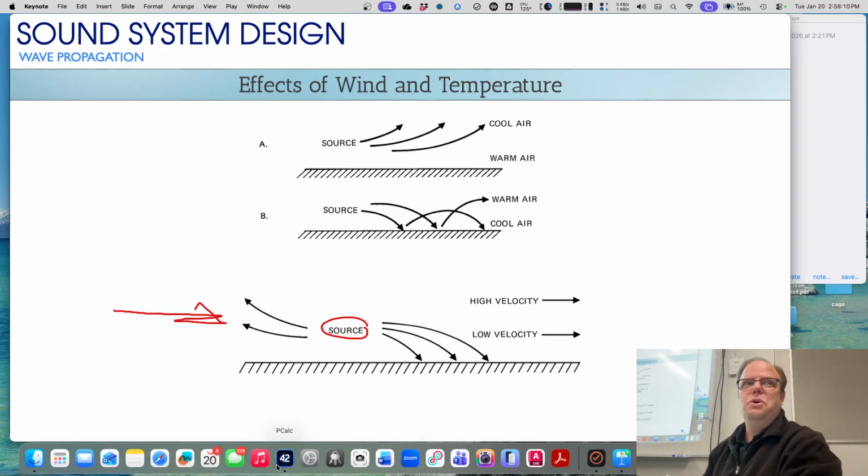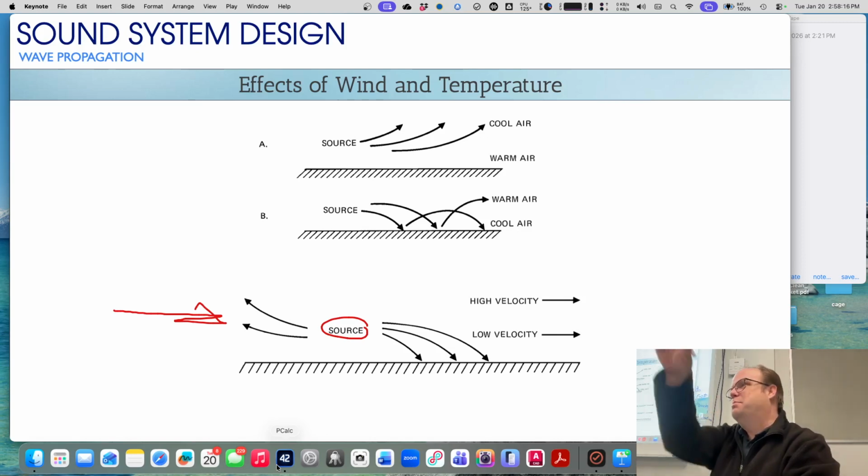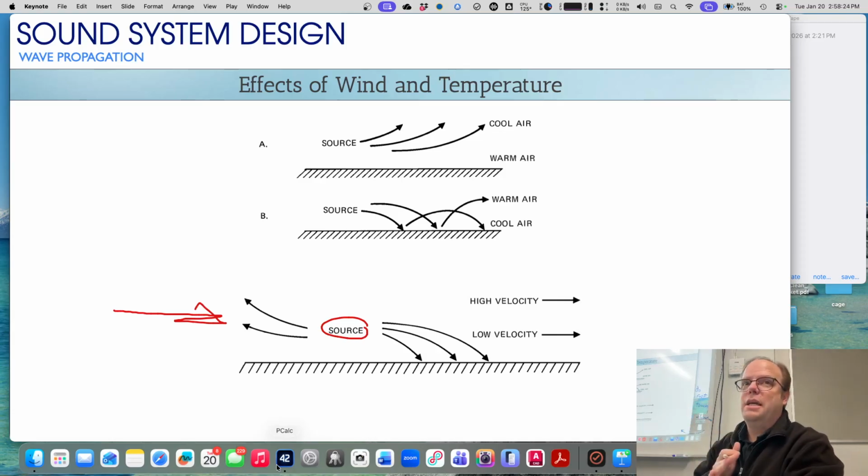So going against the wind is going to affect the way the sound propagates, right? That wind is pushing against whatever is generating that sound, and it's going to impede how effectively that sound propagates. And it has the effect of the sound energy drifting upwards against that barrier, that wind resistance.